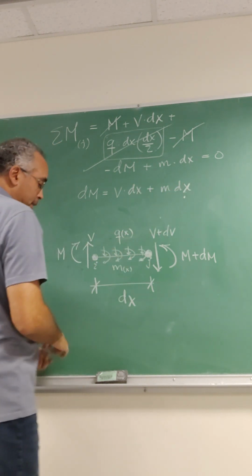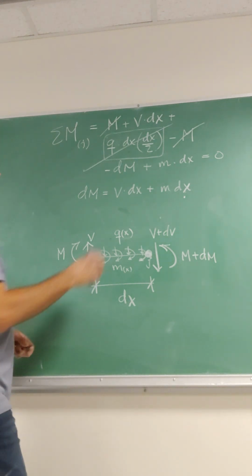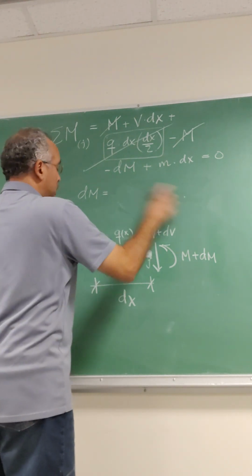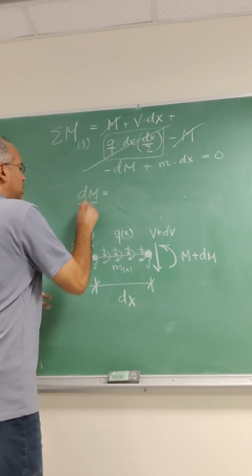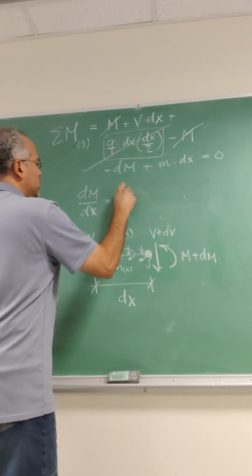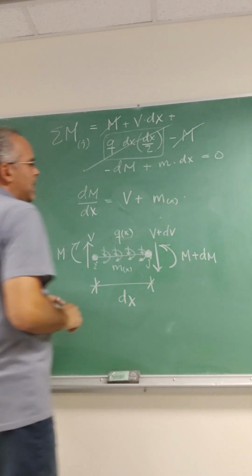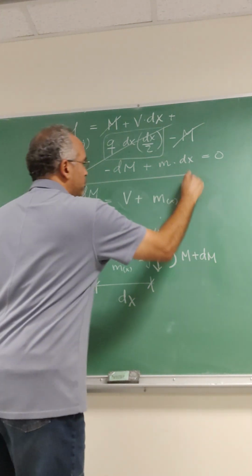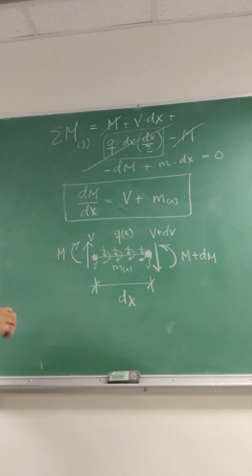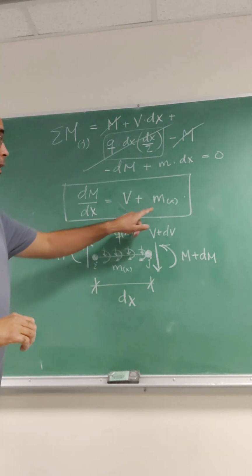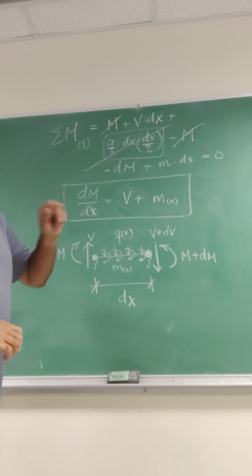If you divide by dx on both sides, then you end up with this: dM/dx equals V plus m as a function of x. So this is the more complete equation that includes the effect of distributed bending moments.